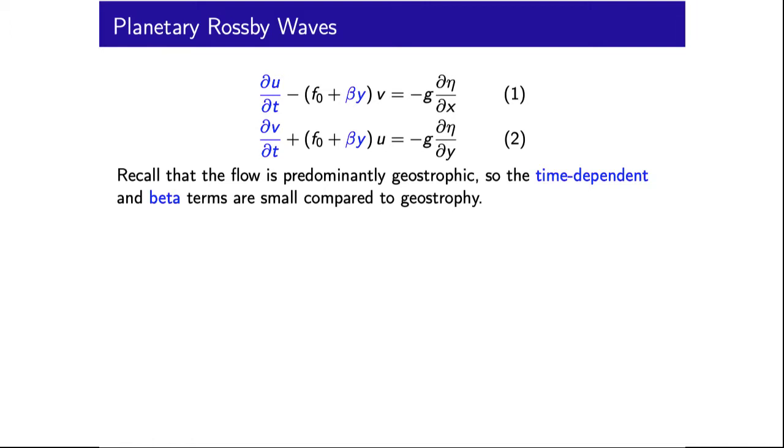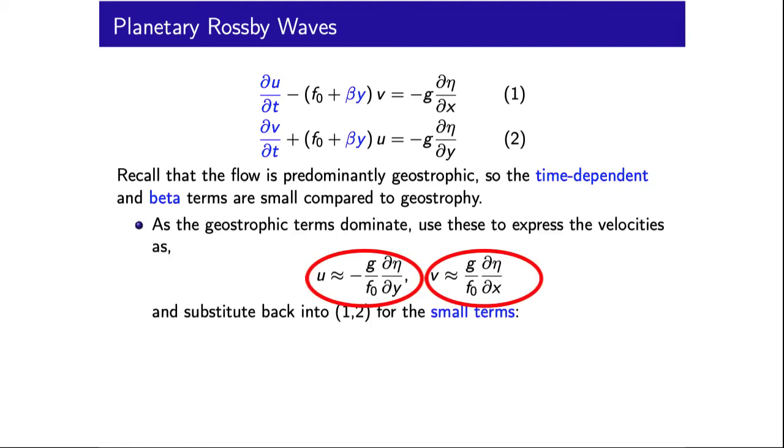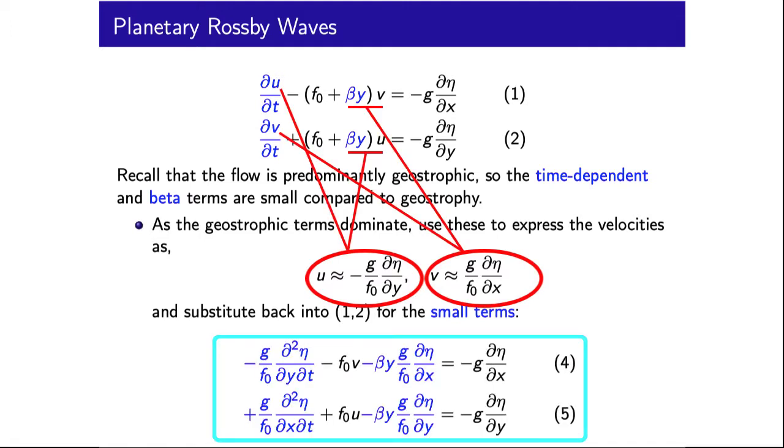Remembering that the flow is to first order geostrophic, we can use the geostrophic balance to approximate the ageostrophic horizontal velocities and describe them in terms of surface height anomalies eta. So we substitute these back into equations 1 and 2 for the small terms.